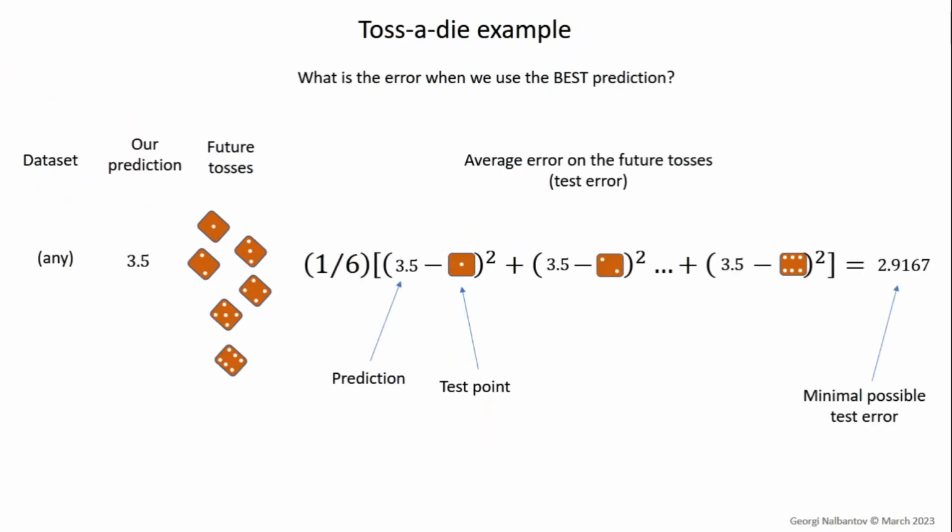So the best prediction is 3.5. Whatever the data set is, we know this is the best prediction, and it will give an error of 2.9167. Just note that the error of the best model is not 0, just because the future tosses are different values, and our prediction must be only 1 value.